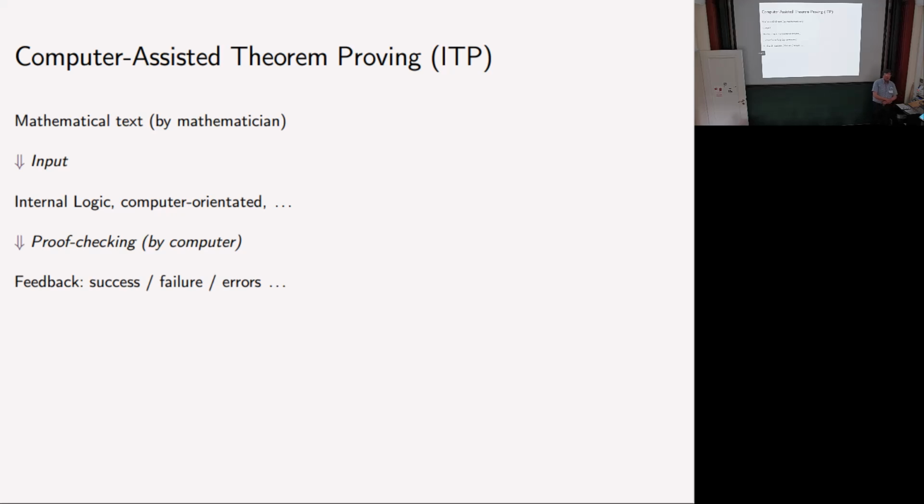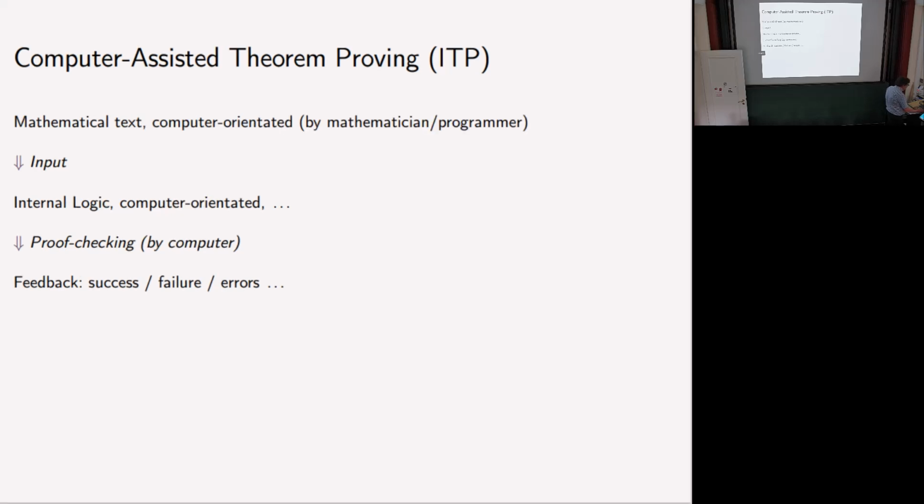Now, usually this internal logic is computer orientated, so it should be possible to implement, to run it on your computer. And the effect of that is that the mathematical text that you input also tends to be computer orientated.